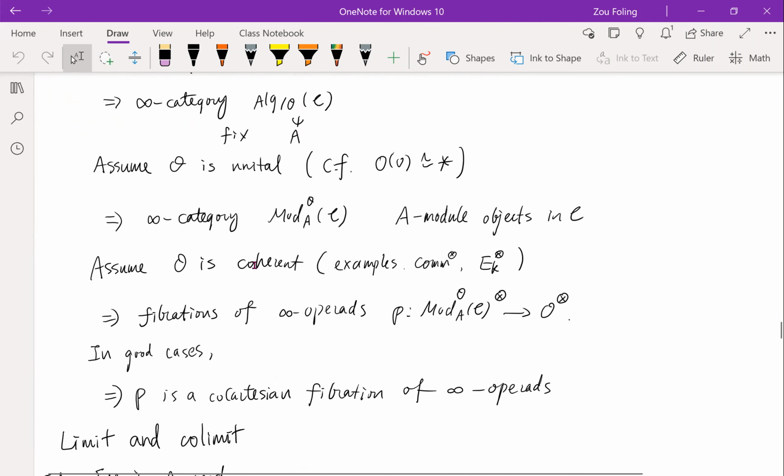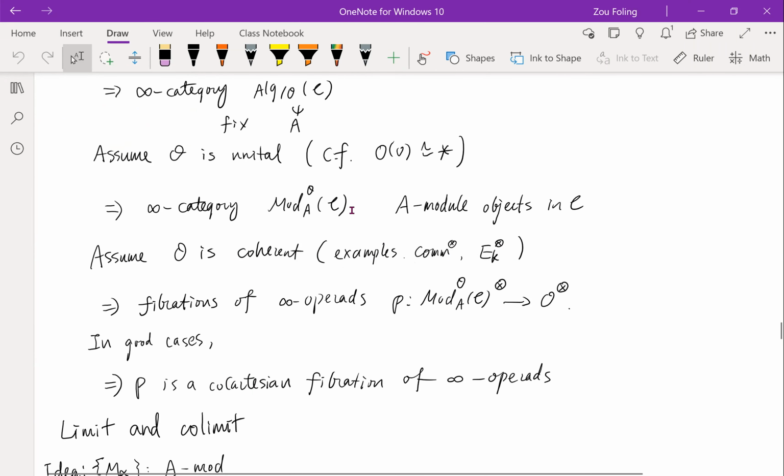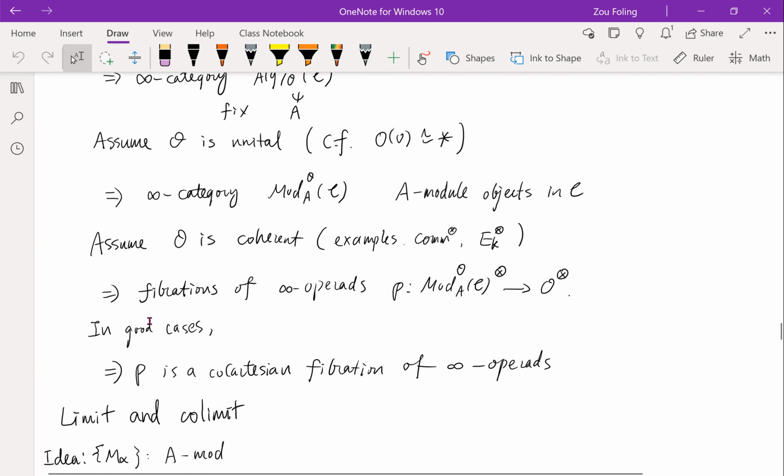And if we have that O is some coherent infinity operad, with examples, all our operads are coherent, and its definition I'm not going to include, then you actually can extend this infinity category to be the fiber over 1 for some tensor, and you get a fibration of infinity operads over O tensor. And in some good cases, this P is going to be a co-Cartesian fibration of infinity operads.